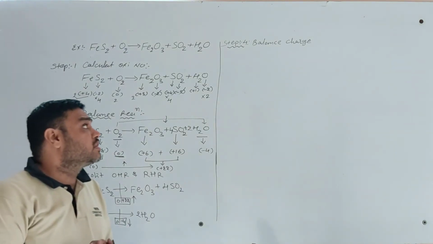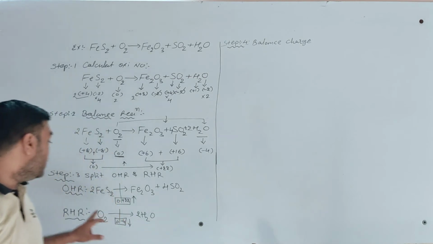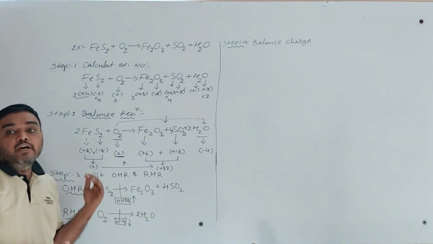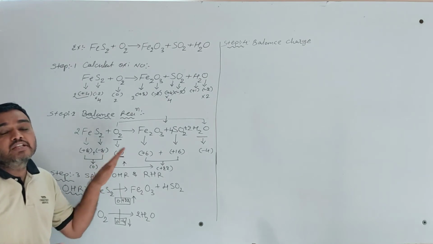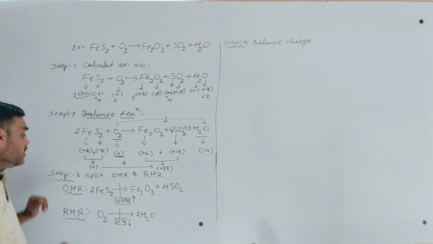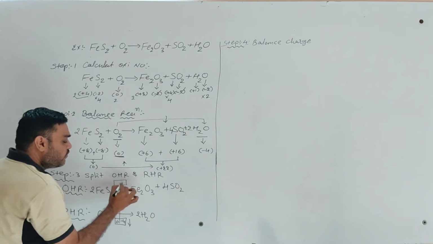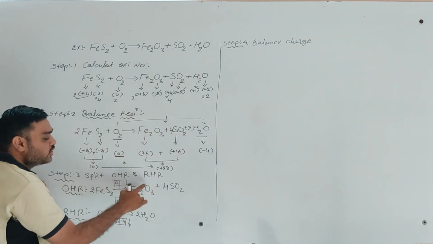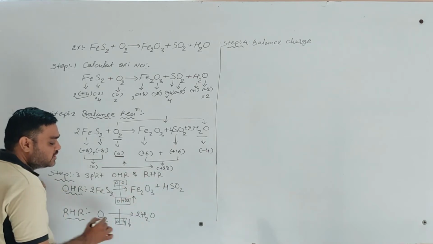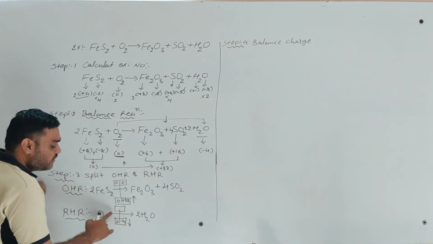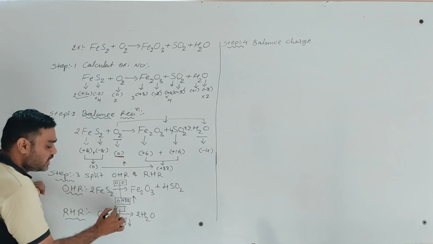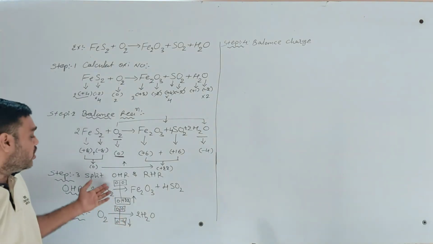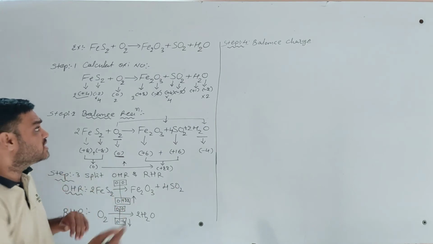So first rough work, then you have to calculate the charge of both reactions on both sides, reactant as well as product side. So here you will find the rough work taken in the earlier step. Here total charge 0, 0 plus 0, total charge 0. In this reduction half reaction also you find 0 charge here, 0 charge here. So no need to balance because charge is already balanced.